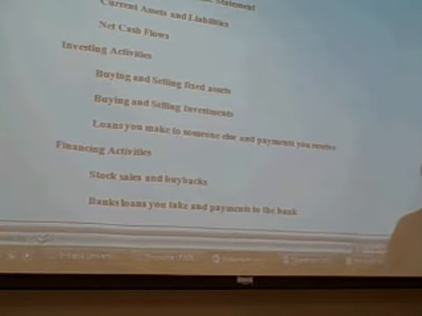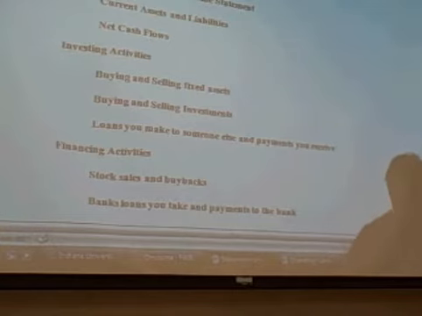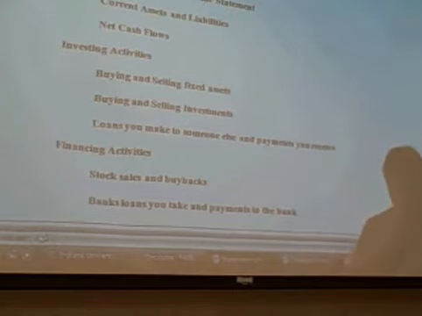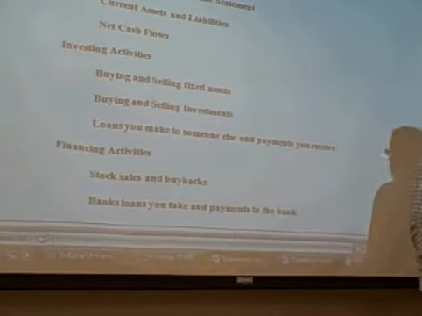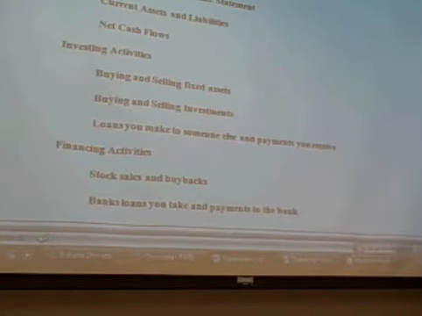Investments could be bonds, it could be other companies, it could be stocks, okay? And it also involves loans that your company makes and the money people pay you on those loans. So those are the 3 things in the investing activities. And again, at the end of that, we should have net cash flows from investing.